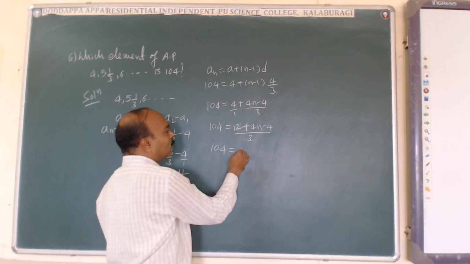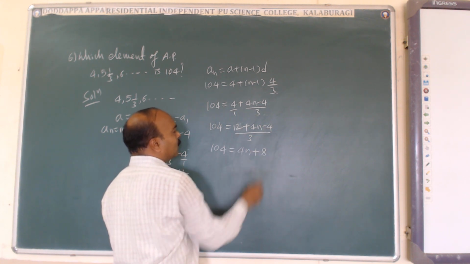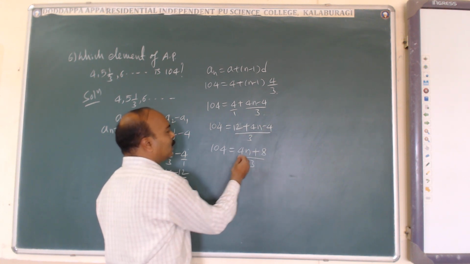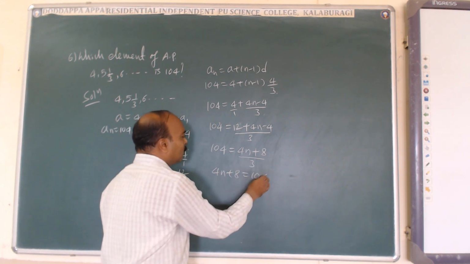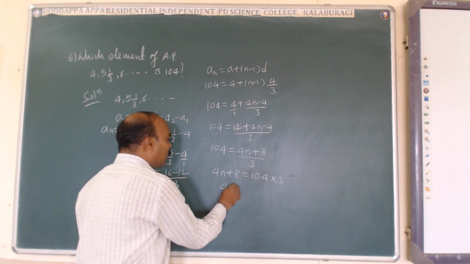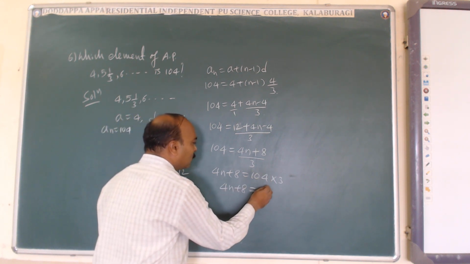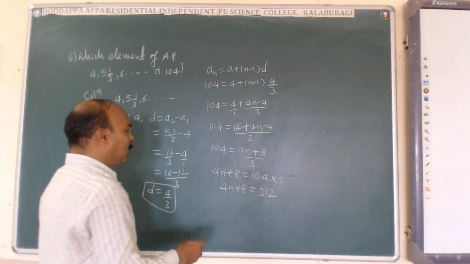104 equal to (4n plus 8) by 3. Cross multiplication. 4n plus 8 equal to 104 into 3. 3 fours are 12, 3 ones are 3, 312.